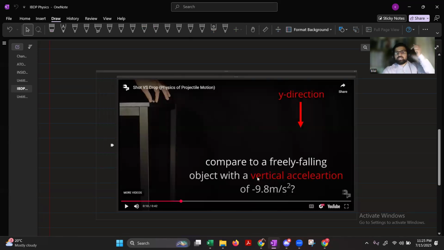Why is it negative? Because it is in a downward direction. The sign convention that we follow is that upward acceleration is taken as positive and downward acceleration is taken as negative. That's why the acceleration of this ball, which is going down, is taken as negative.